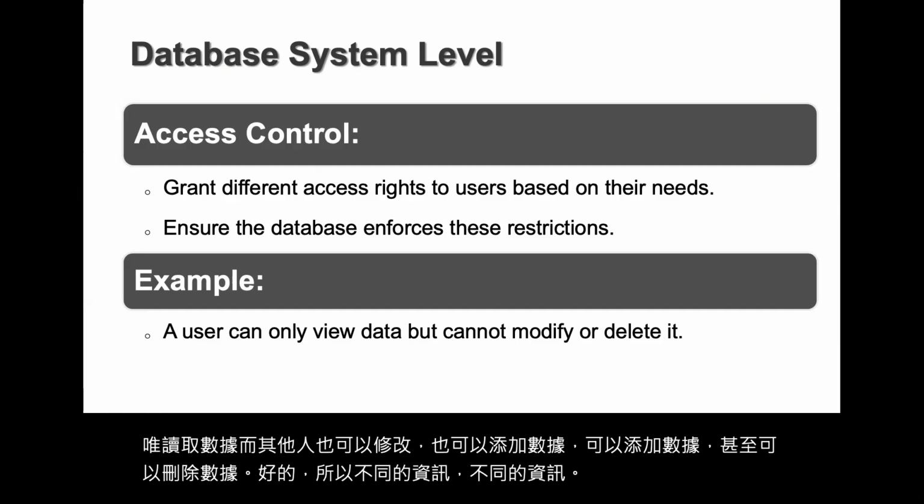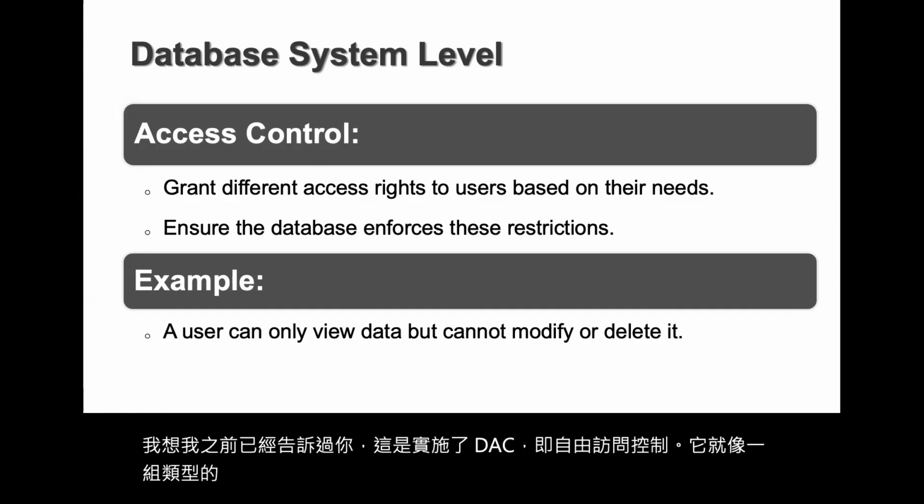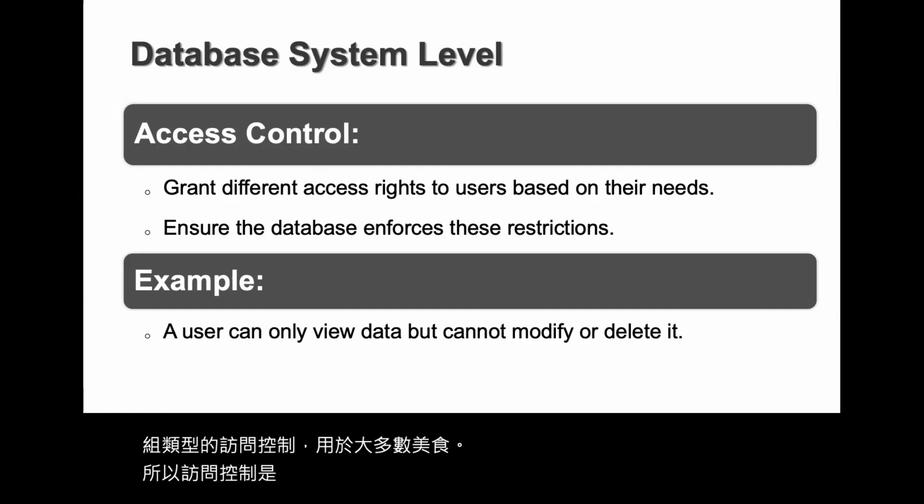I think I have told you before, this implements DAC, the discretionary access control. It's a specific type of access control, which is used in most databases. So access control is the general way we can decide which users can perform a particular activity in the database.